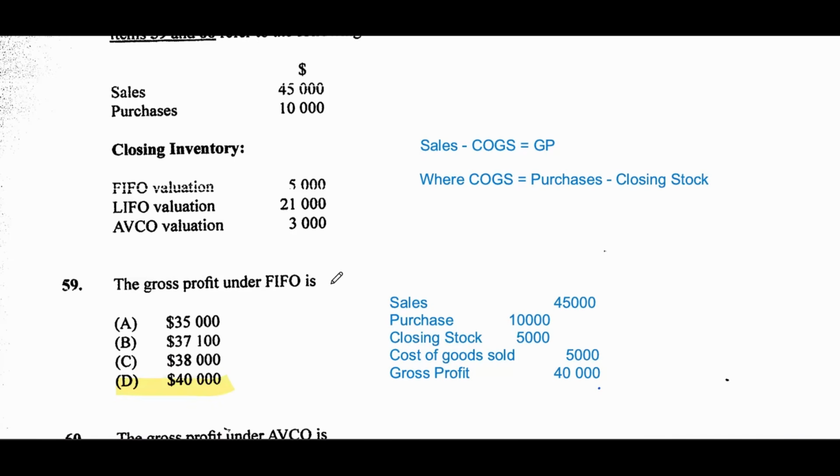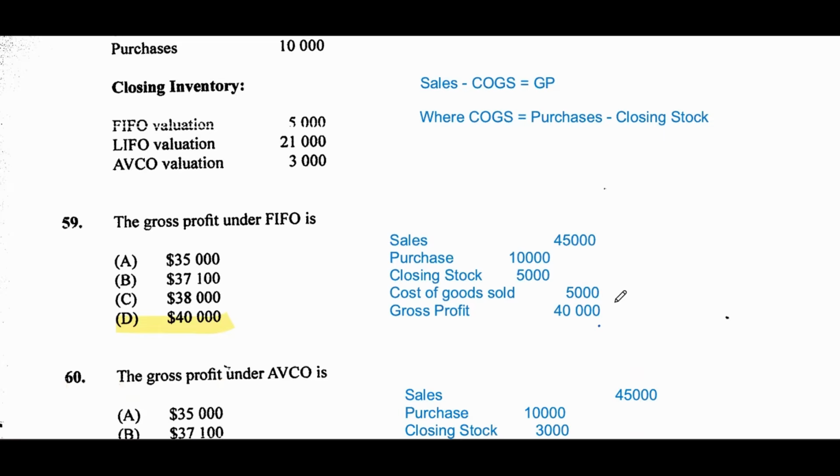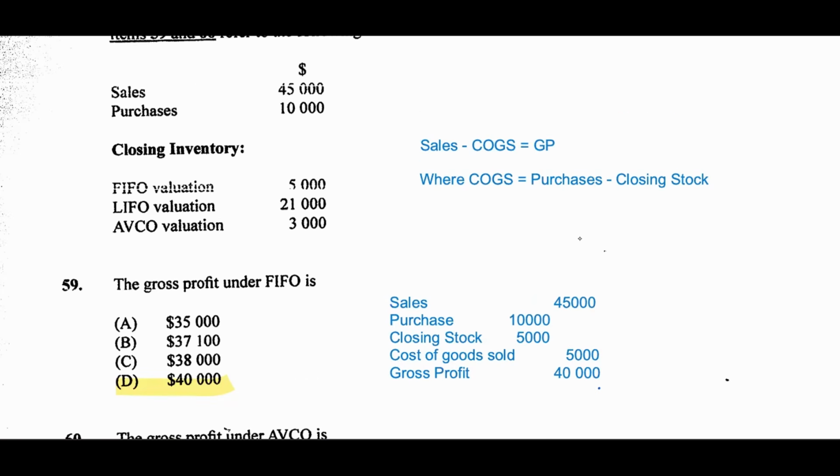Right, guys, this is a normal trading account extract that you have to prepare. We all know sales minus cost of goods sold is gross profit. We know this. And cost of goods sold is simply purchases less closing stock. All right, let's work it out. So we are seeing sales here to be 45,000, not bad. To work out cost of goods sold will be purchases less the closing stock.